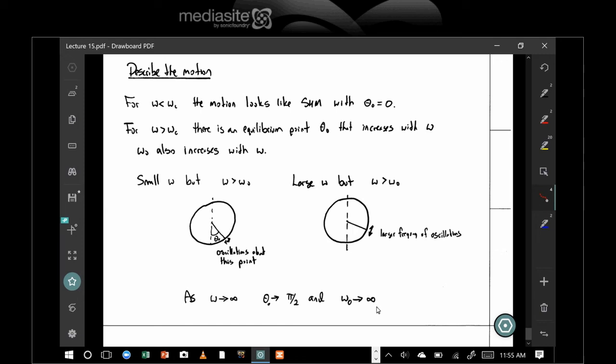However, once I increase omega beyond omega c, remember omega c is the square root of g over L, the natural frequency of a pendulum, then there's a possible second equilibrium point.